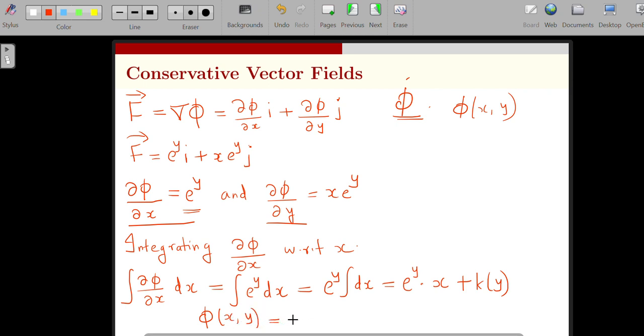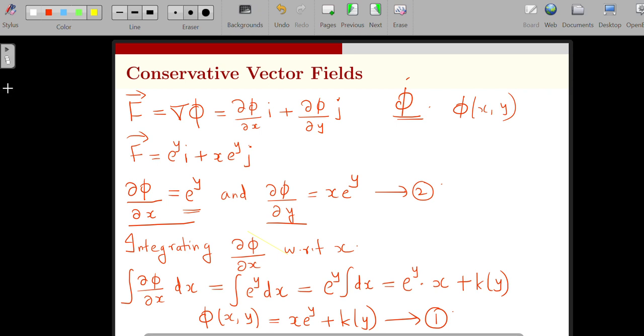So now you obtain that phi of x, y is equal to x e^y plus some function k of y. Now we have to obtain this particular unknown k of y.